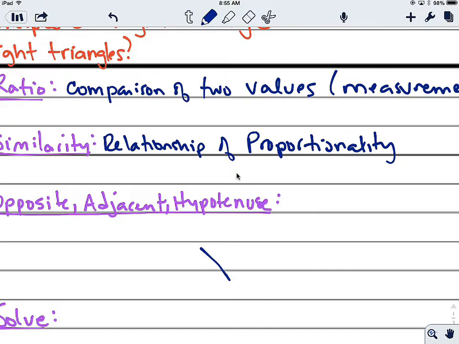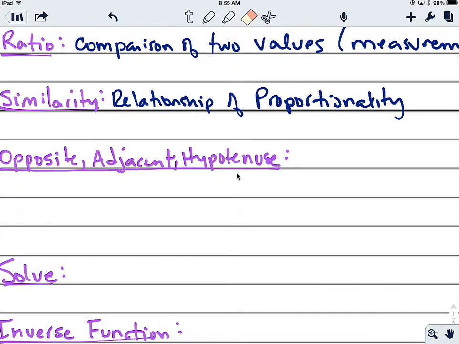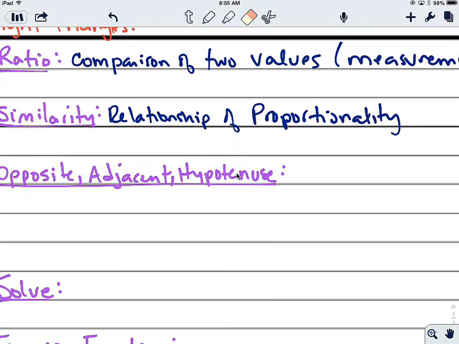What I mean by relationship of proportionality is that the sides are relatable by a common ratio. So proportionality is tied to the term ratio. Relationship of proportionality refers to some kind of ratio.